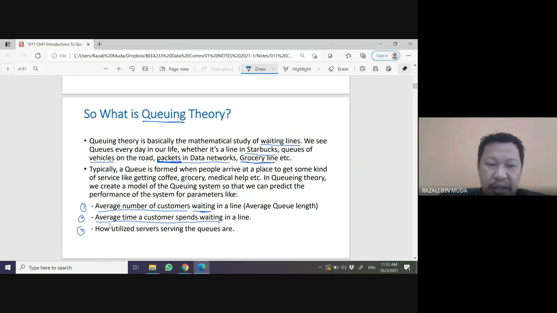And third, how utilized the servers serving the queues are. These are the parameters that we can discuss when discussing queues in general.